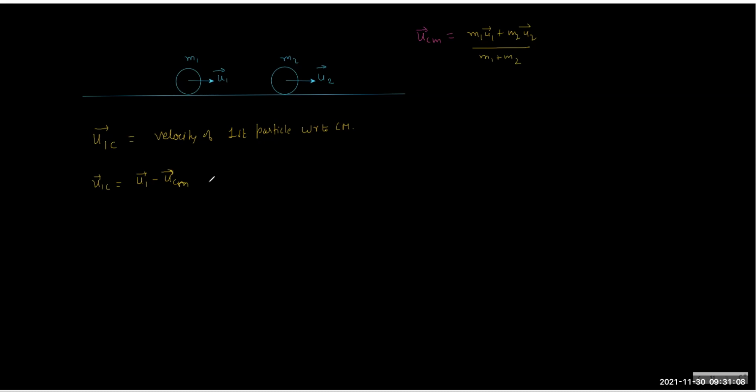And as I am doing this calculation, you also do the calculation. Then only you can realize. So everyone out there, please do write the way I'm writing. So we can write u1 minus u_cm, which is u1 minus (m1 u1 + m2 u2) over (m1 + m2).